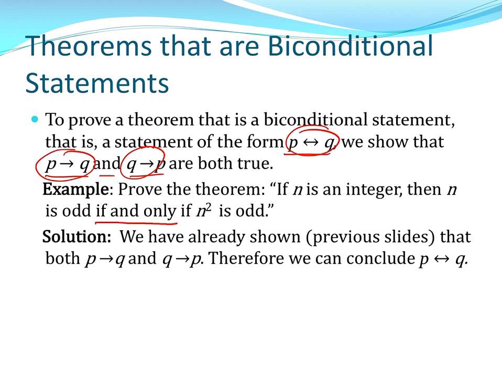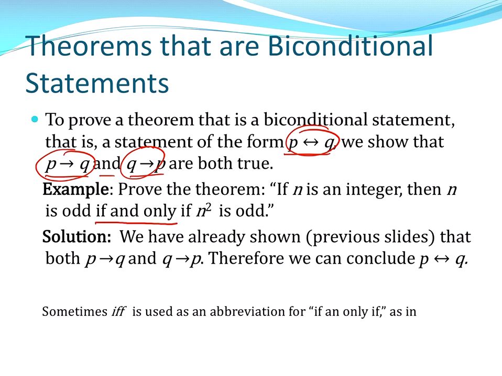And so we could say that the biconditional statement is true. By the way, if you encounter if and only if in a mathematical phrase, it is sometimes abbreviated IFF. So if n is an integer, then n is odd if and only if n squared is odd.